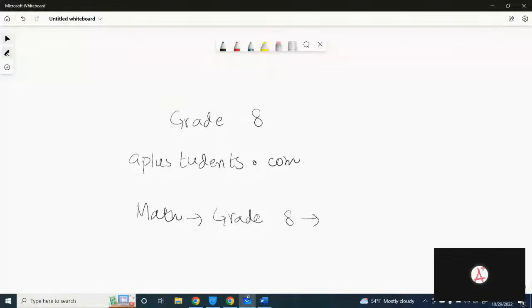Then click on view all lessons and we're going to start with the chapter that is ratios, rates and proportions. We have already started this chapter and the topic we're going to start with is equivalent ratios word problems.